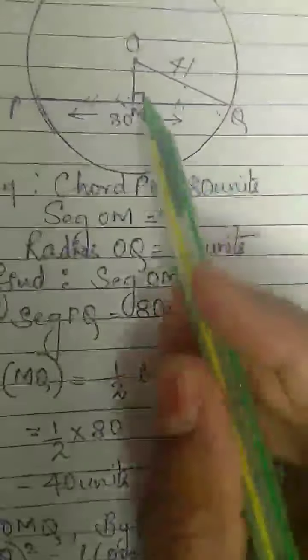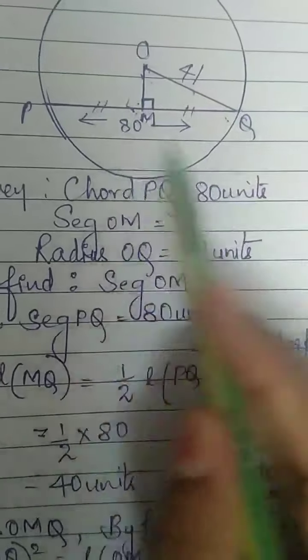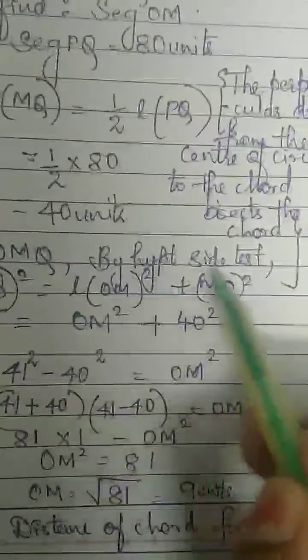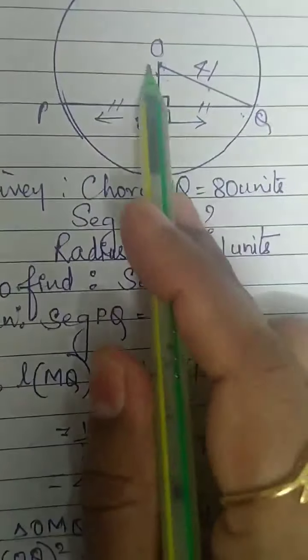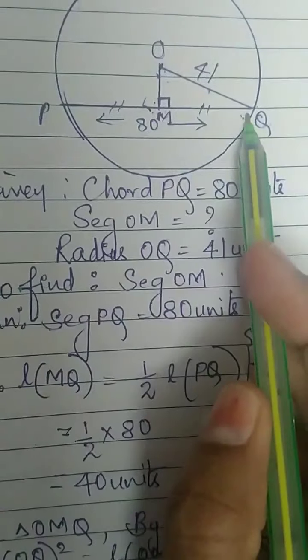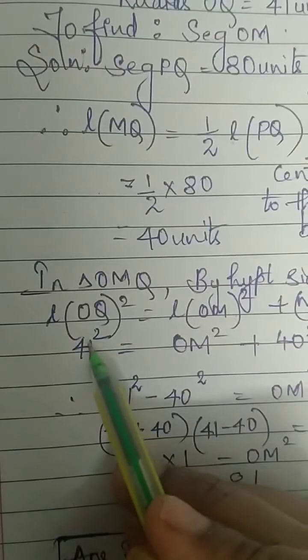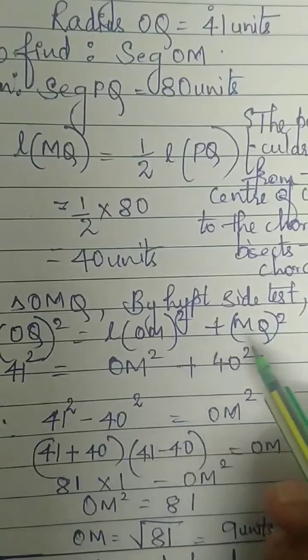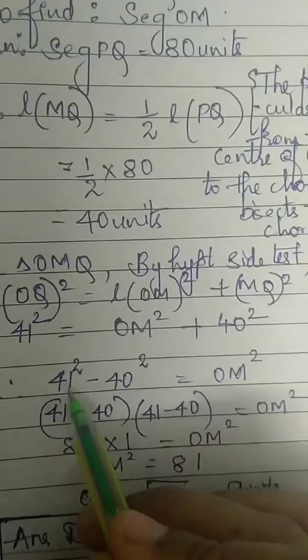As I told you, you will take this right angle triangle OMQ. See, I have written. In triangle OMQ, by hypotenuse side test, OQ square is equal to OM square plus MQ square. Then OQ is 41, radius, is equal to OM square, we don't know, plus MQ, we got 40. Now here I used the expansion formula.